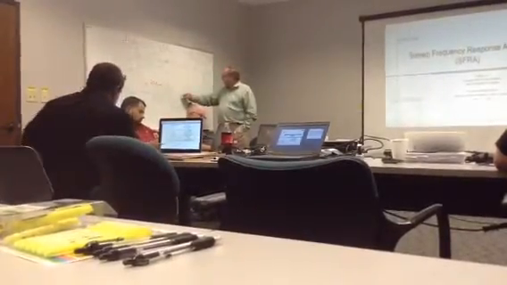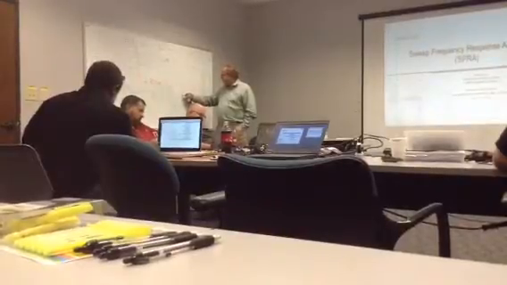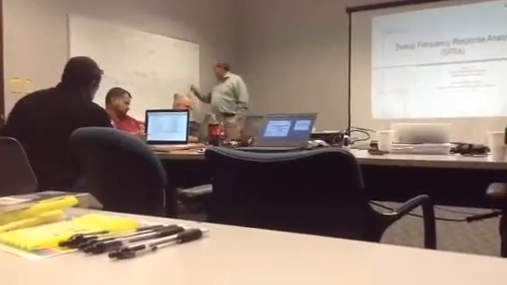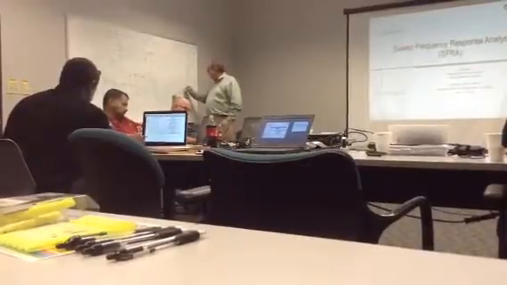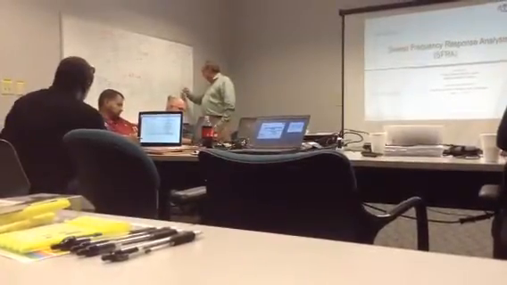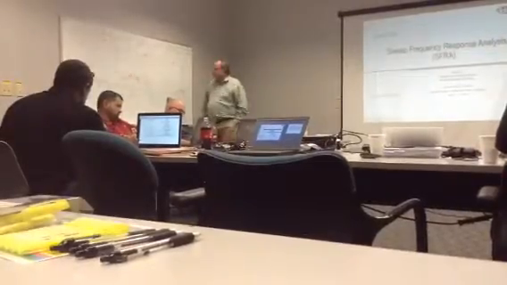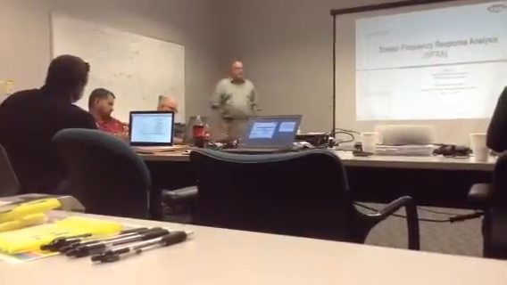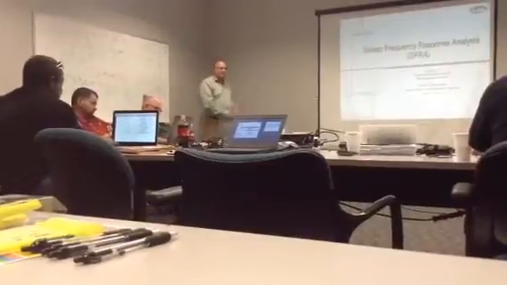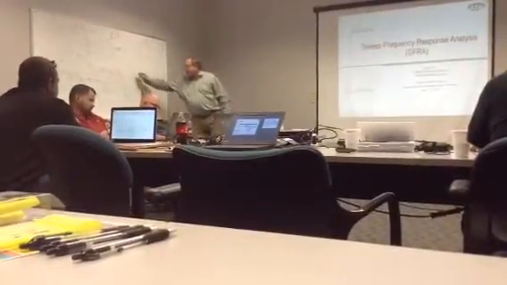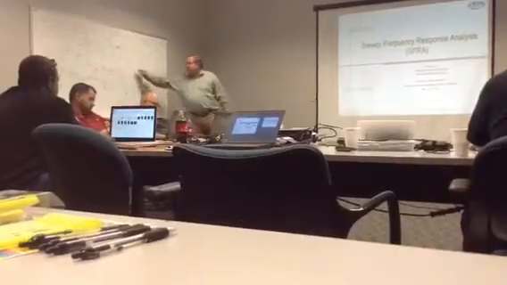And let's say we start off here, and in the case of the SFRA, sweep frequency response analysis, you start out at 10 hertz and you go out to 2 million hertz. You're sweeping the frequency. So you do it at 10 hertz, you get a number, you make a calculation, you plot it.